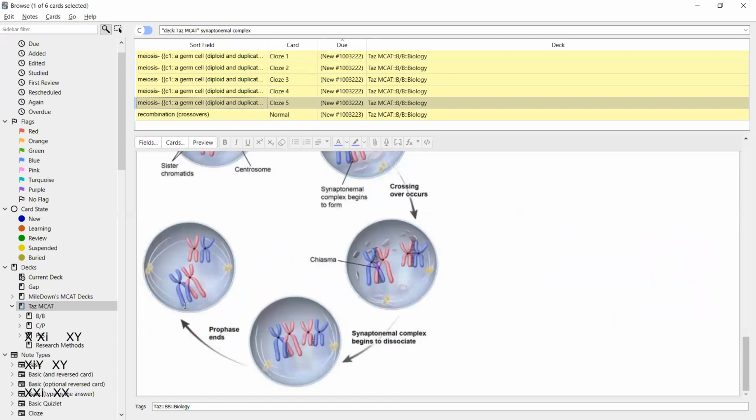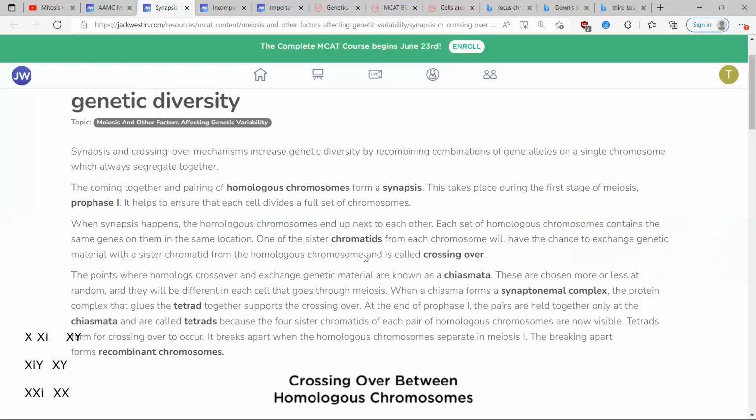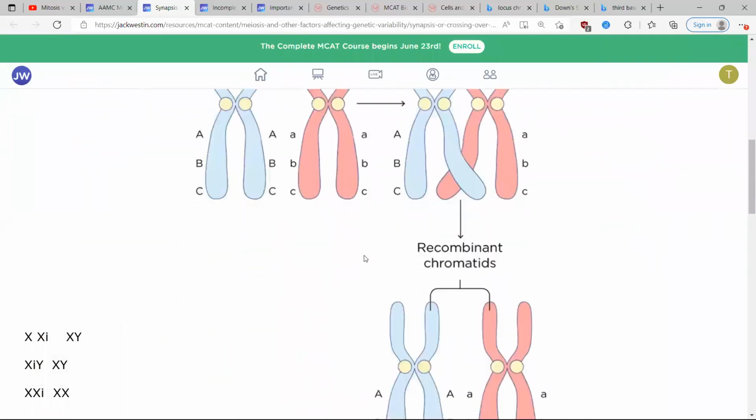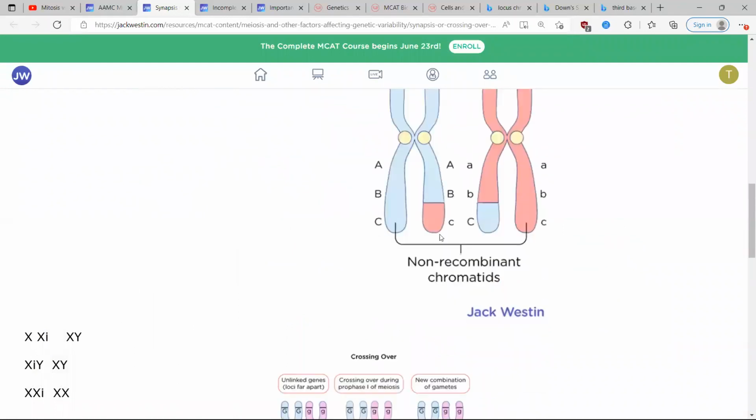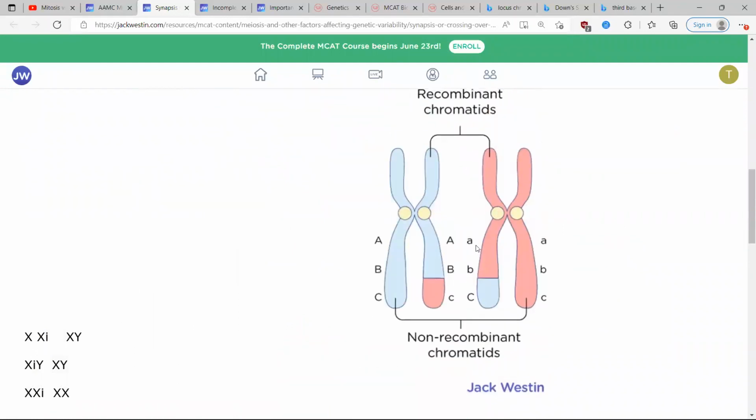And then once they get split apart, they've become different chromosomes and going to different gametes. So this gives us recombinant chromatids and recombinant chromosomes.